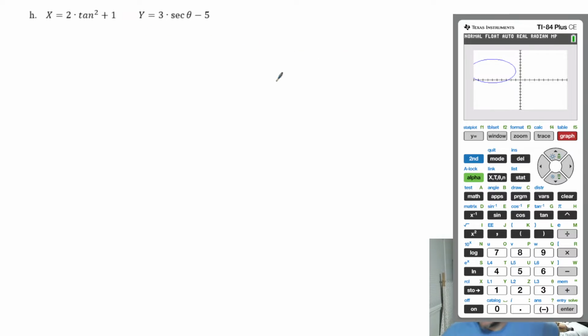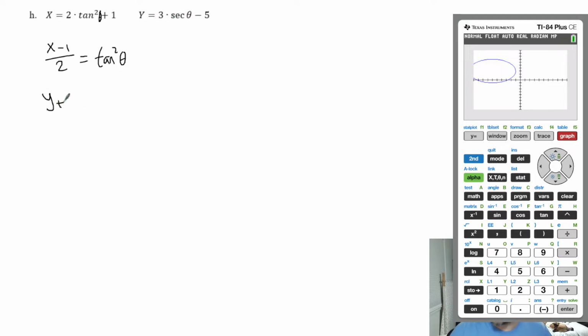H. So H has something interesting going on. H is tan and secant again. This is just a typo where it says tan squared of nothing. That should be tan squared of theta, of course. But now the deal is, since tan squared is already squared, I'm going to get an x minus 1 all over 2, and I don't have to square that because the tangent is already squared. Now for the secant, that's not squared, so I do have to square that.